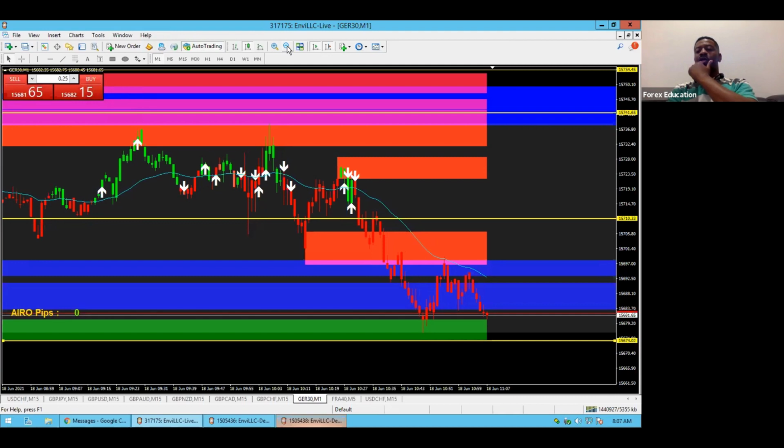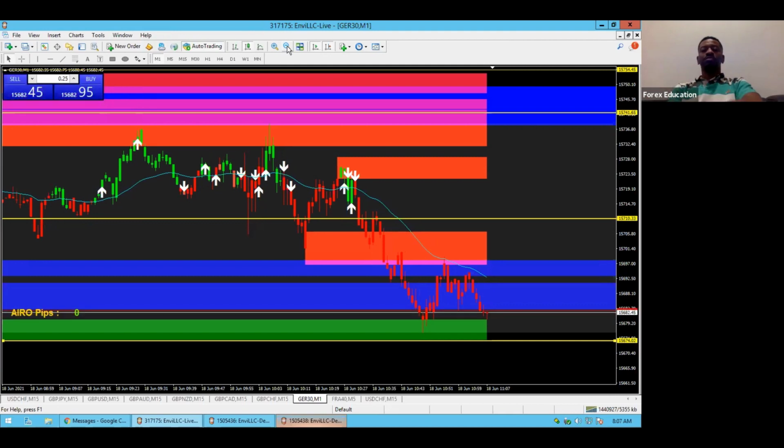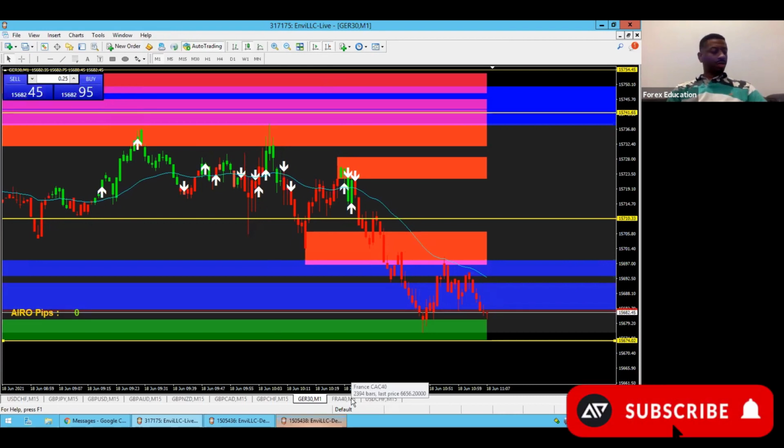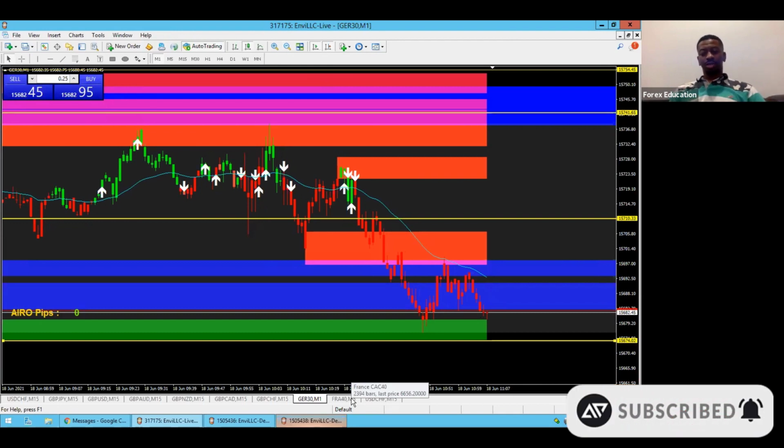Doji, you can give some bearish engulfing. Doji plus bearish engulfing. It came back up, retested. What are we gonna get? What are we gonna get?